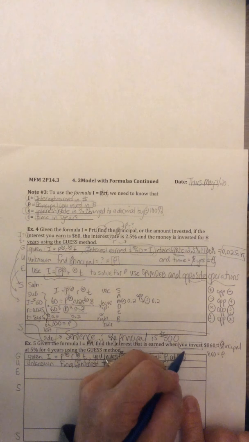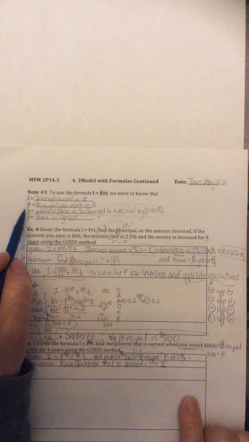At 5%. Well, whenever you've got a percent, you've got to know that that's interest, which you need to divide by 100%. So we know that that's the interest rate, okay?